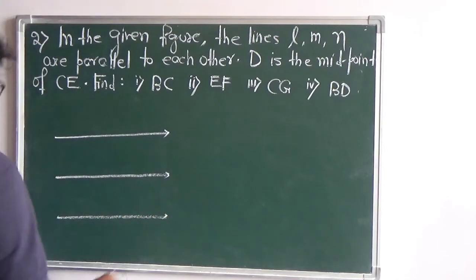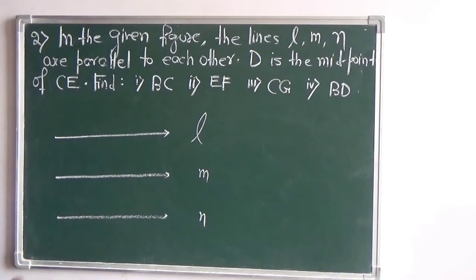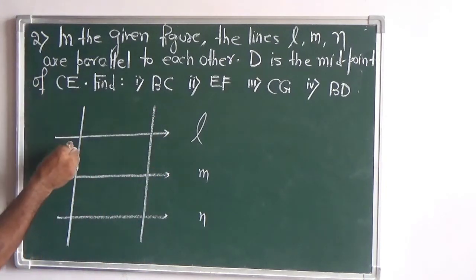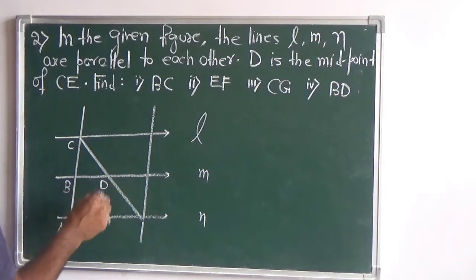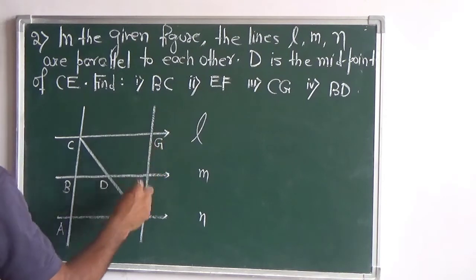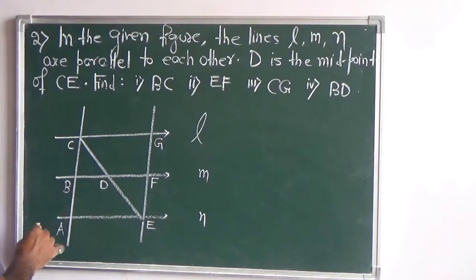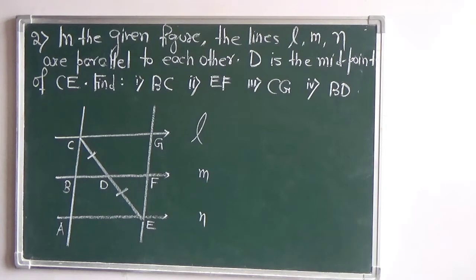So these are the three parallel lines given by L, M and N. This is C, A, B and C. This is the point D as is given. This is G, F and this is E. This part and this part are given equal. The part AE is given as 12 centimeters.